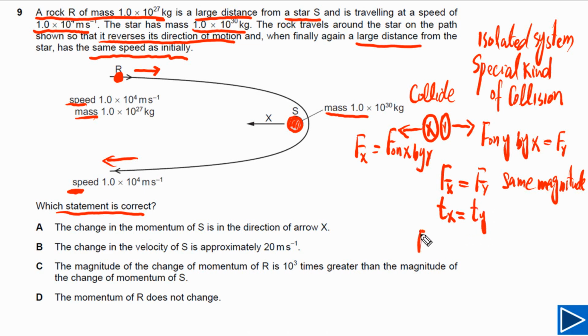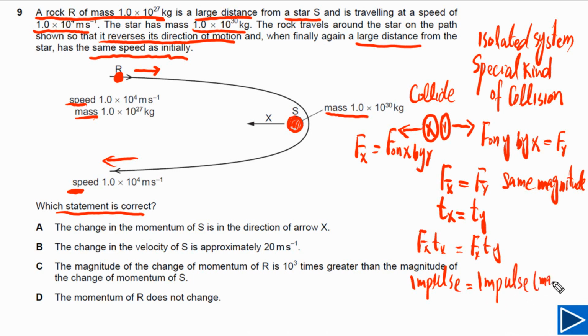Now Fx Tx will also be the same as Fy Ty. And if we remember, the product of force and time of impact is called impulse. So we can say impulse is also the same in magnitude.